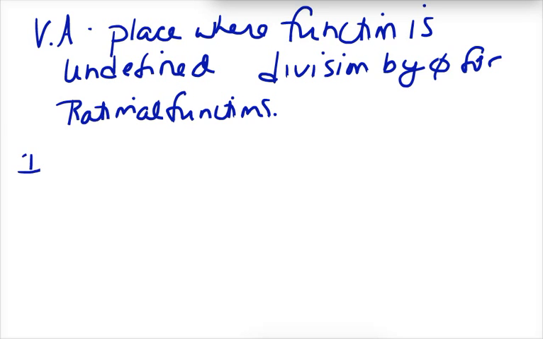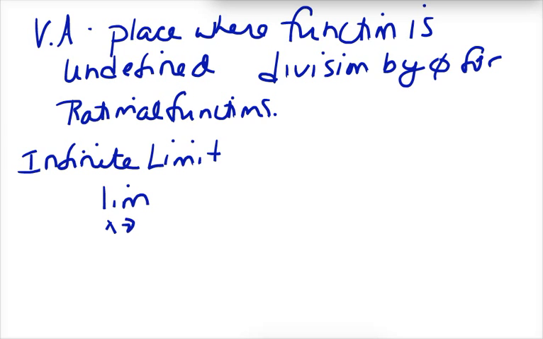So when you have an infinite limit, you have a limit that looks like this, right? And we went through this today. As x approaches some value, that function is going to go to plus or minus infinity.